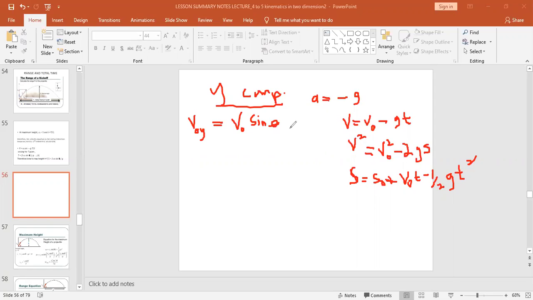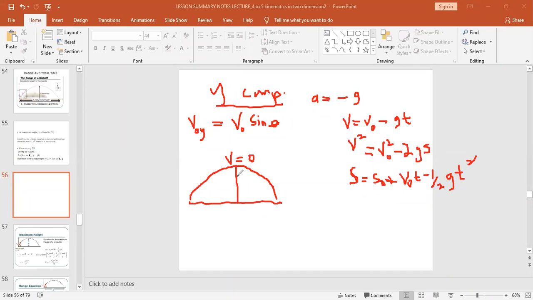Which means that if we're looking for the time to maximum height, we made mention that at maximum height, your velocity is equals to 0.